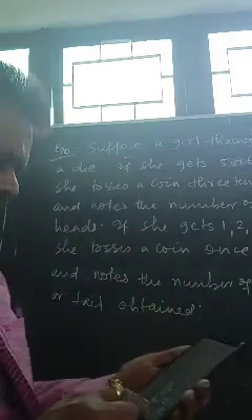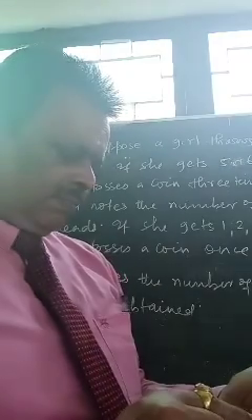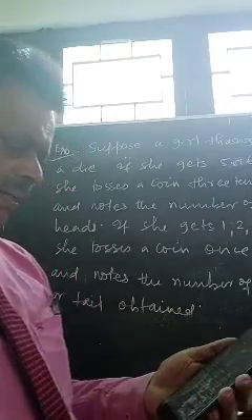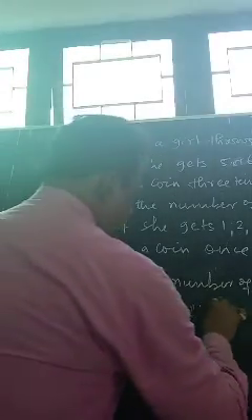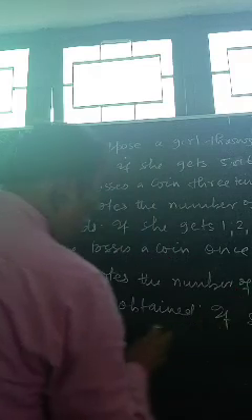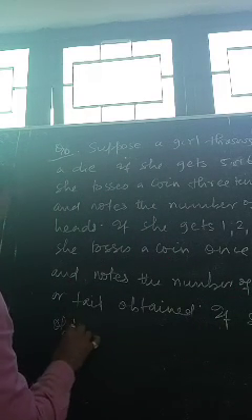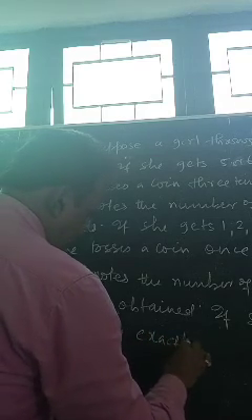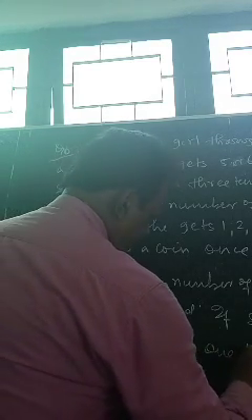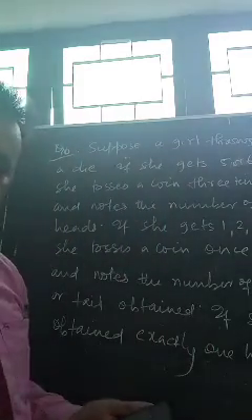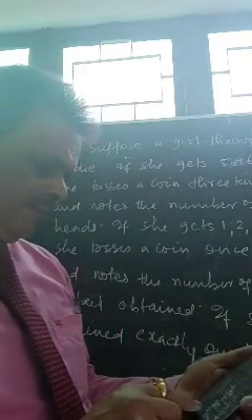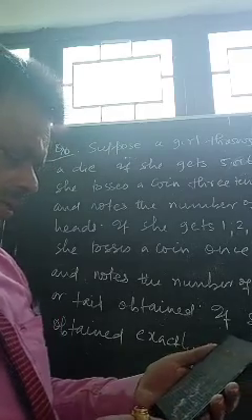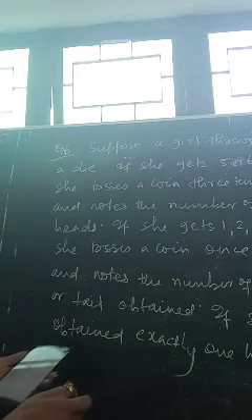Okay, then if she obtained exactly one head, what is the probability that she threw 1, 2, 3 or 4?